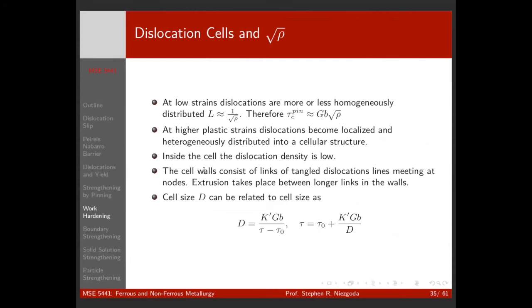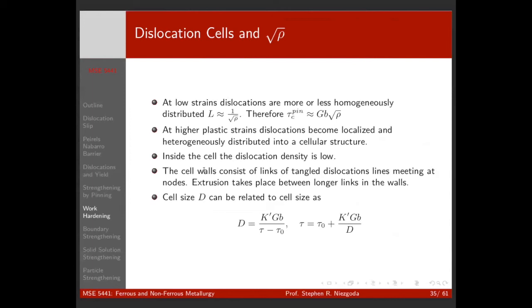The separation is going to be 1 over the square root of the dislocation density. You can make a statistical argument very much along the lines of Buffon's needle game, where you drop a needle between parallel lines and ask what's the probability that the needle crosses a line based on how long the needle is and how far apart your lines are.